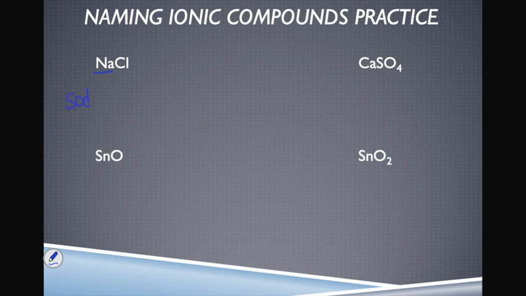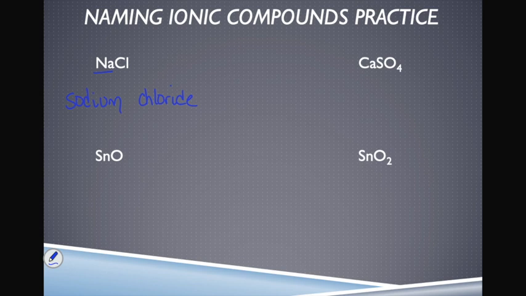It's sodium. And sodium is not a multivalent metal, so I don't need to write down with Roman numerals what the charge is. I just say sodium. Cl is my anion. It's chloride. Okay, so I just write that name. Space between the two names. Ta-da! It seems so easy.